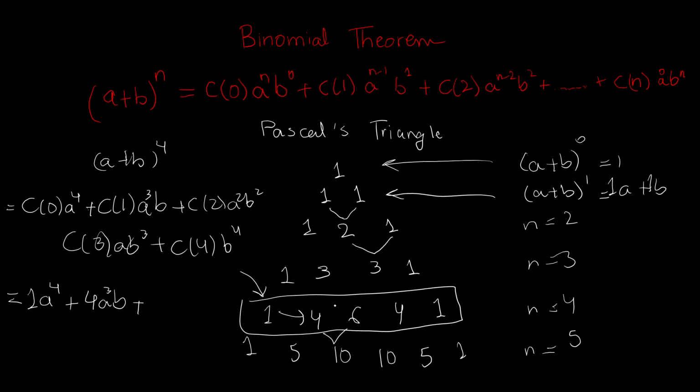And C of 2 is the next one, which is 6. And opposite we have 4 and 1. So this is how we apply Pascal's triangle with the binomial theorem to solve it very quickly.